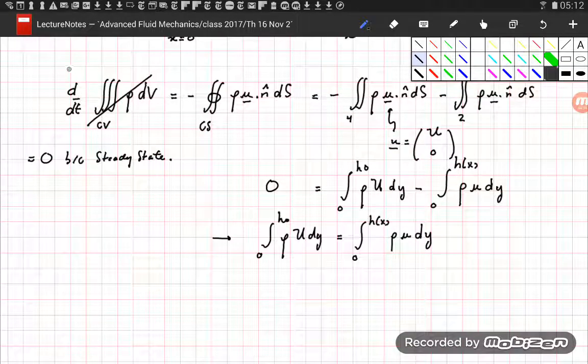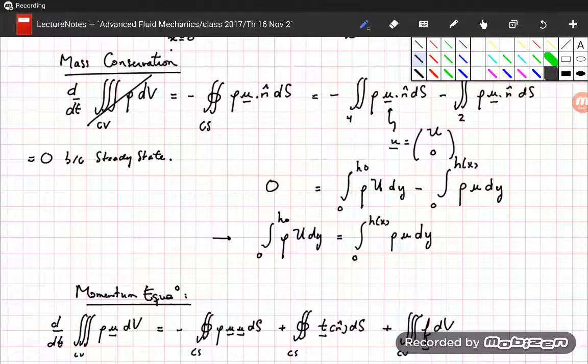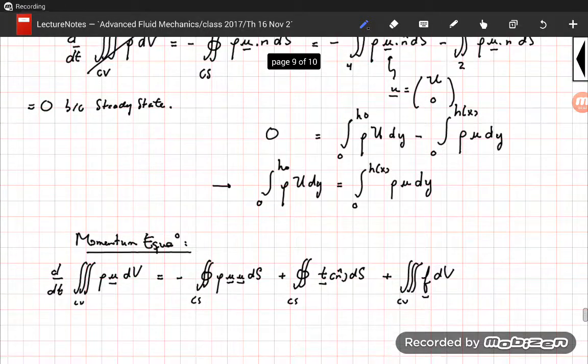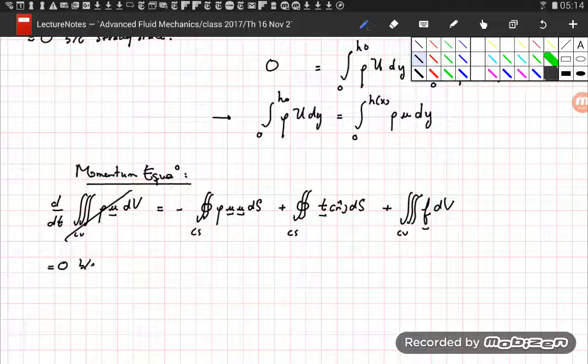Okay, so this is mass conservation, and now we impose the momentum equation. Here again, because we have a steady state, the momentum inside of our control volume does not change. So this is equal to 0 because we have a steady state.